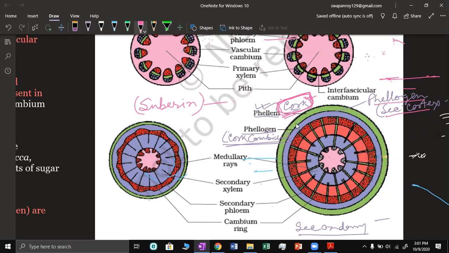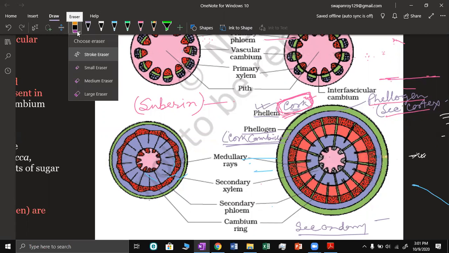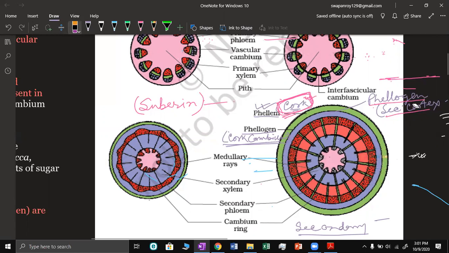On the inner side, it produces secondary cortex.